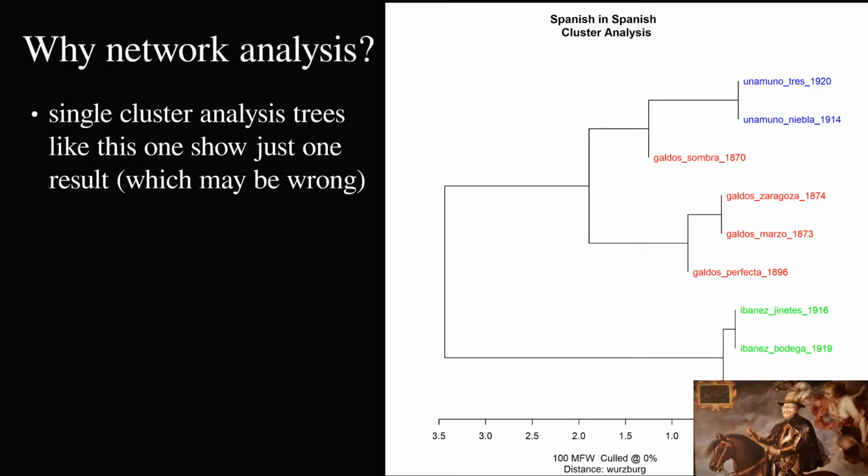So first of all, the question is why network analysis? When applied to stylometry, especially stylometry by most frequent words using cluster analysis and other statistical methods, as I illustrated yesterday, single cluster analysis trees, like this one, for instance, you might remember our results, show just one result for one parameter, such as just 100 most frequent words.